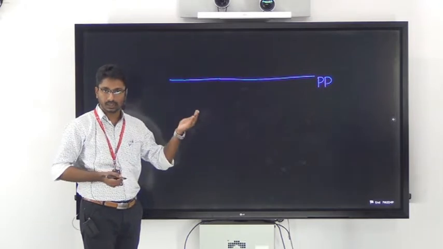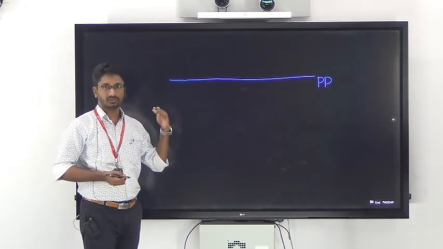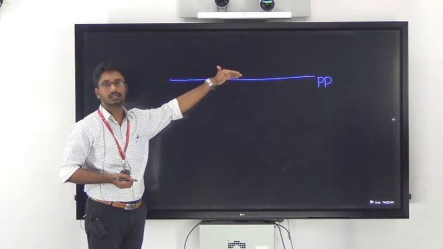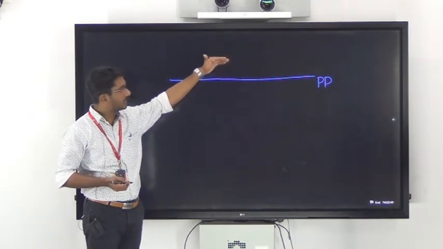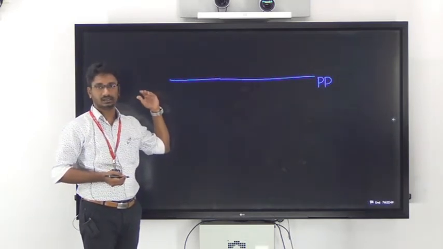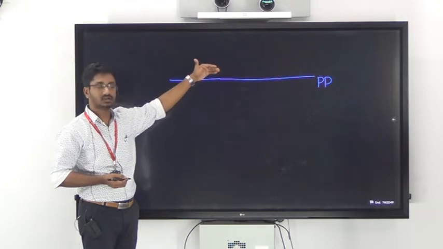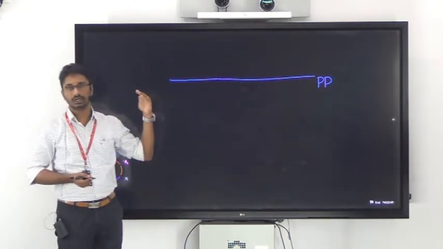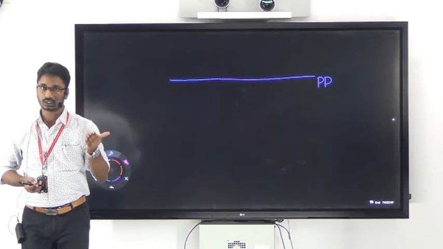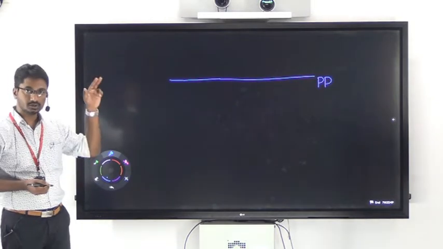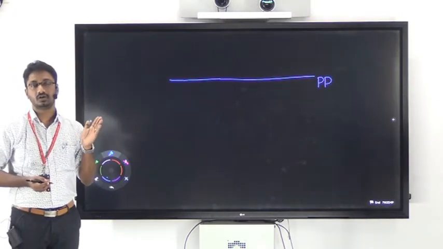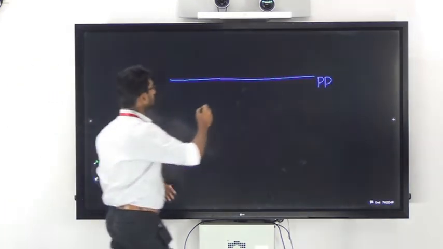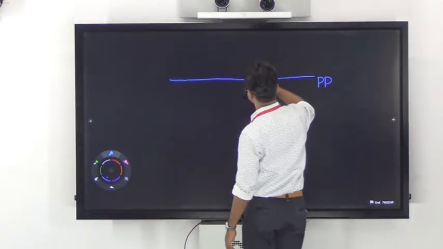The side of the cube is 25 mm and one of the vertical edges of the cube is touching the picture plane, and the two adjacent faces containing that vertical edge are inclined at 45 degree with the picture plane. So how will the top view of the cube look? In the top view we can see a square in which two sides are inclined at 45 degree with the top view of the picture plane. So first we are drawing the top view of the cube.